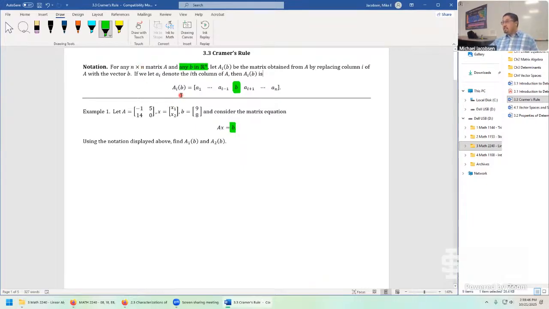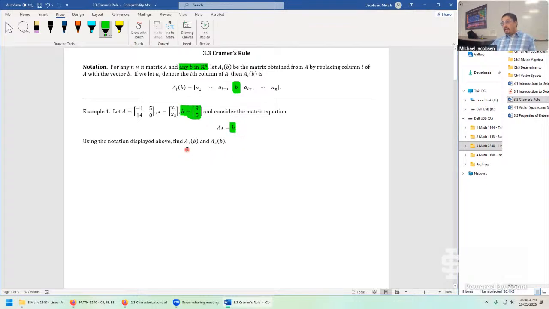What this means is we're doing a full replacement of column i in the matrix A with the vector b itself. Written out, this is what it looks like. Here is column i right in this position. We replace it with the right-hand side, the vector of the right-hand side on all the equations in the system, the vector b.